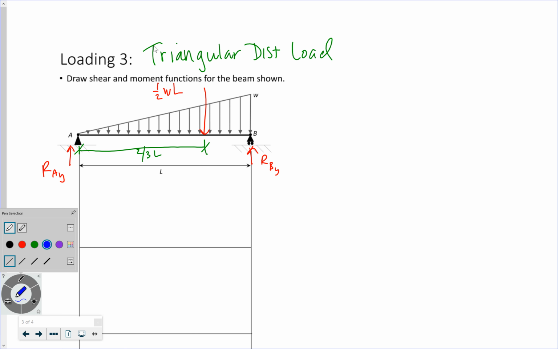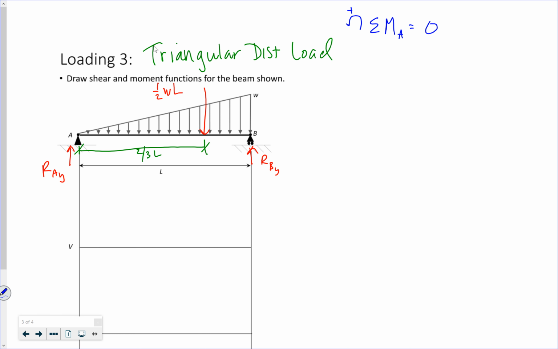So let's take the sum of the moments about A. In the clockwise direction, which is negative, I have my resultant, minus 1/2 WL times 2/3 of my length.